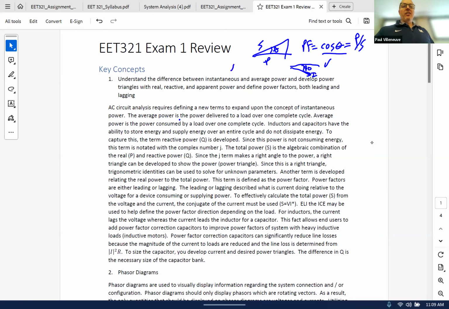This angle, I has an angle of minus 30, but S is going to be some magnitude at an angle of positive 30. So you've got to be careful about just putting a negative in there, because if I said a lagging power factor and you put a minus 30 in S, that's the exact opposite of what it needs to be. It needs to be a positive 30 because of the conjugate term. Okay.